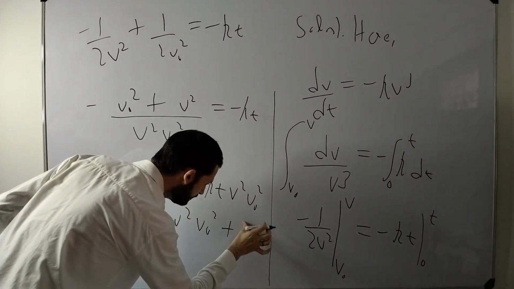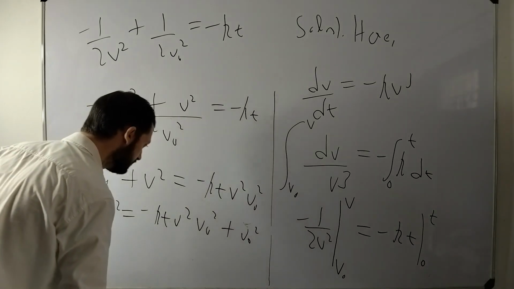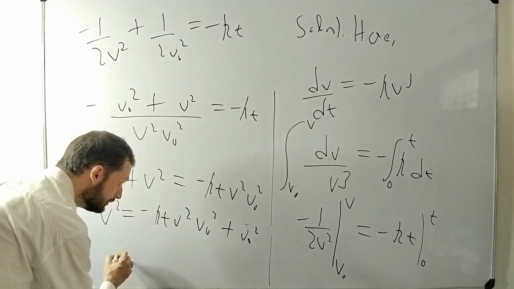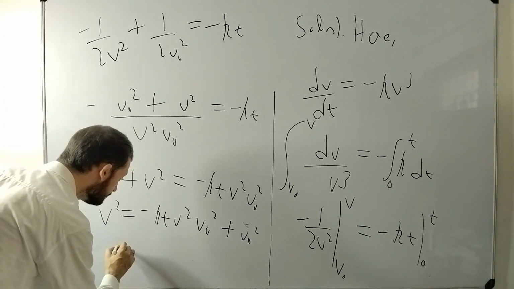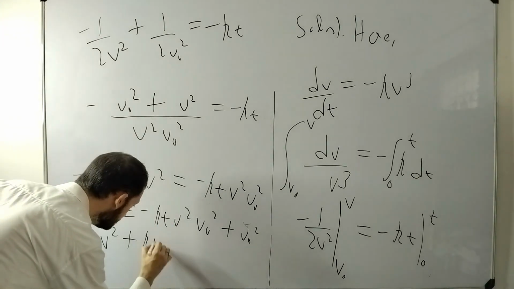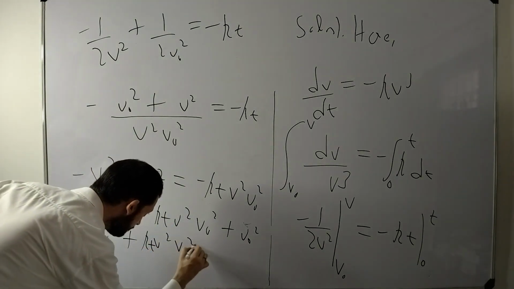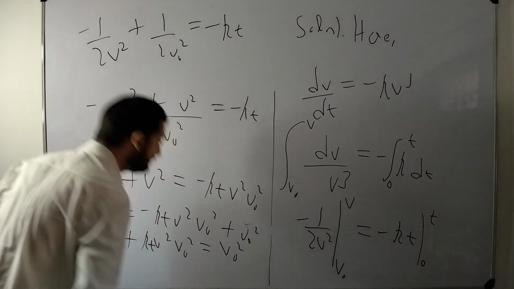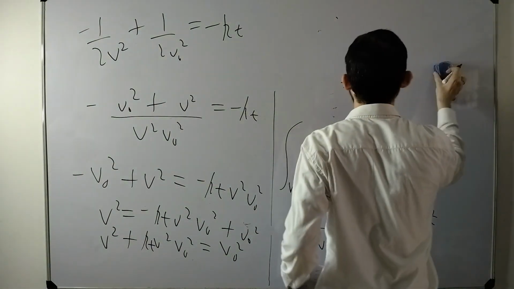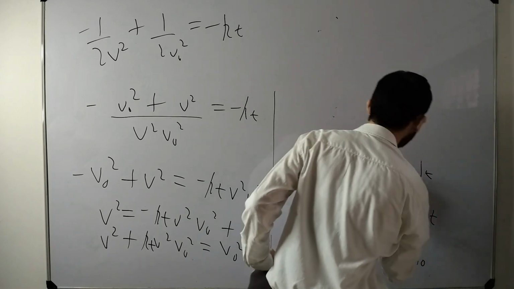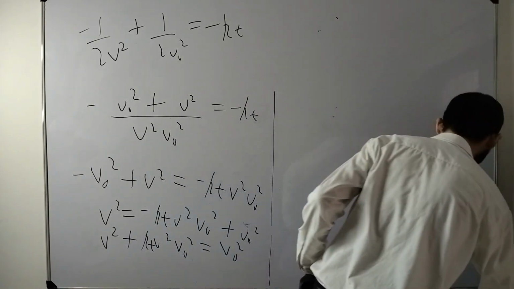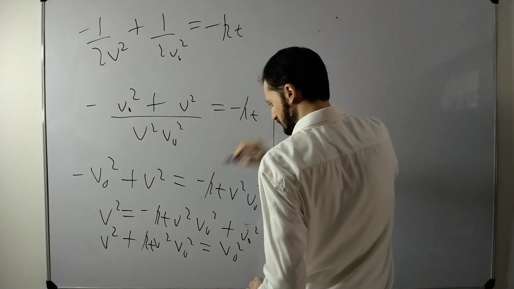So I will take this into account: V naught square equals V square plus kt V square V naught square. Now a little bit of algebra.